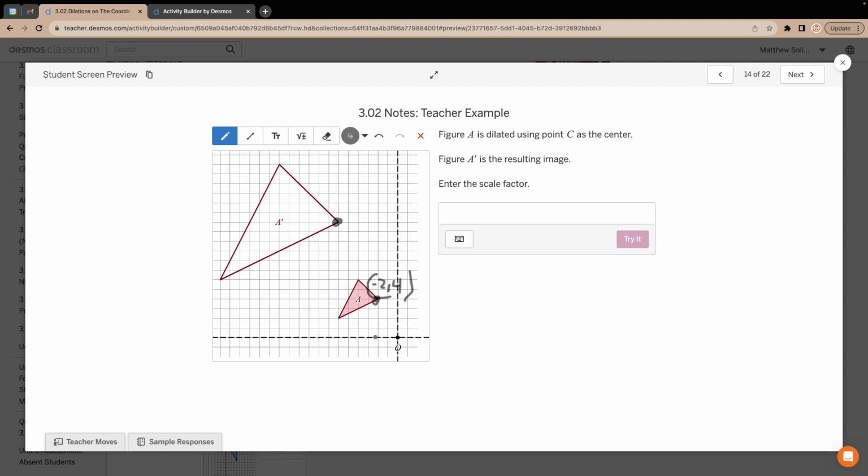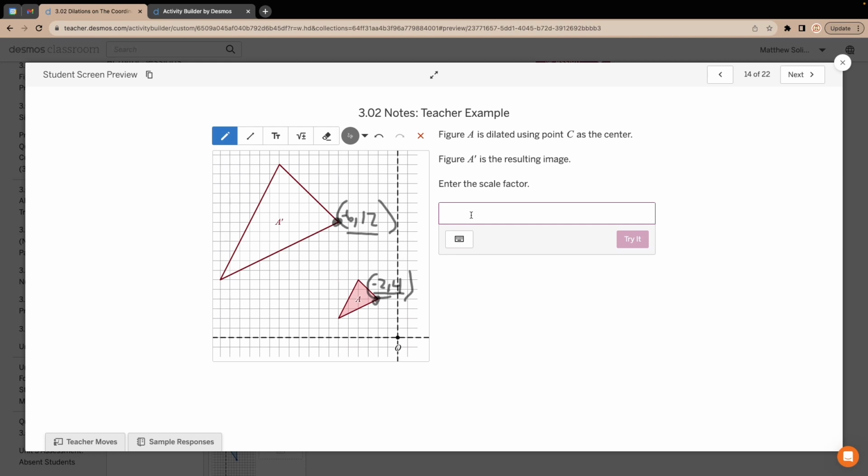It's left 6, up 12. So what am I multiplying my coordinates by to get from (-2, 4) to (-6, 12)?